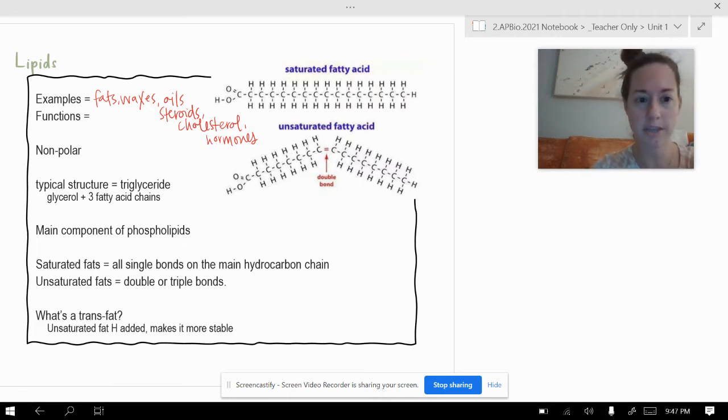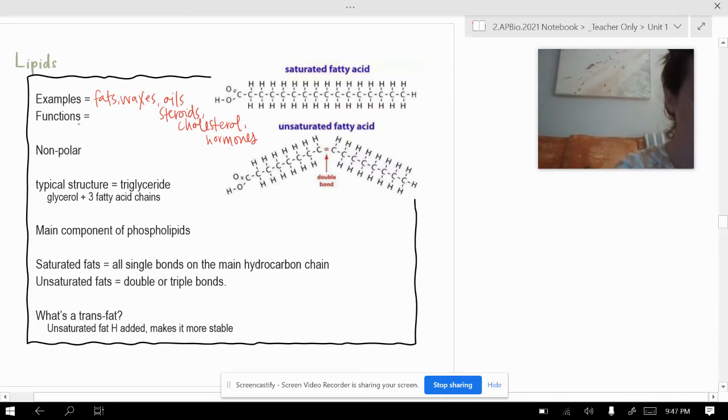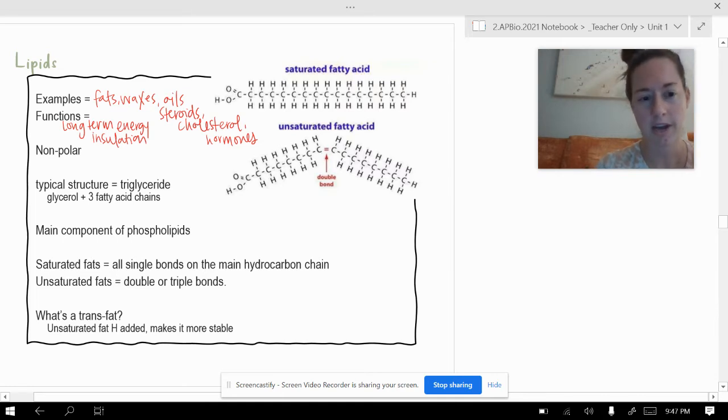So their functions, the main function that is going to be important for us is long-term energy storage, long-term energy. But we also talked about them being useful for insulation. So keeping animals warm, like whale blubber.